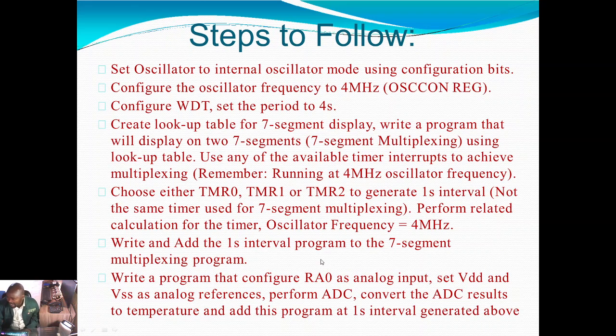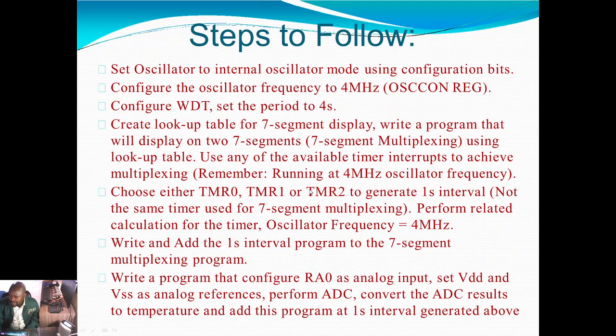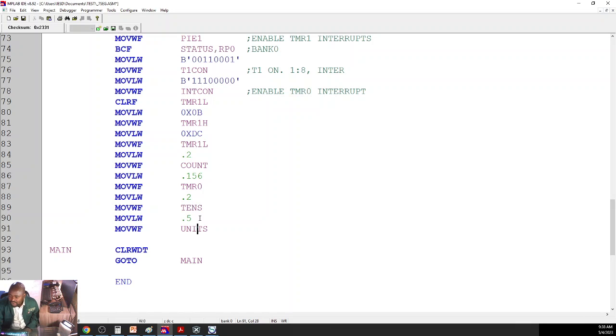Now we are going to do the ADC part. We are going to use RA0 as an analog input, set our VDD and VSS as analog references, and perform ADC to get ADC results, convert those results into temperature, and in this case, because we want to display this temperature in the 2 7 segments, and because we already have registers, tens and units to display on the 2 7 segments, we're going to put the results in tens and units, and then the multiplexing will just display those results for us.